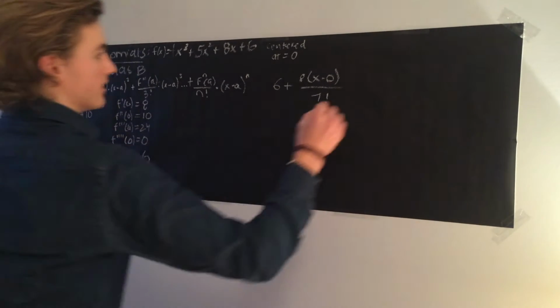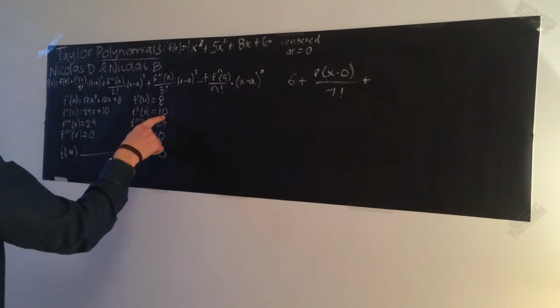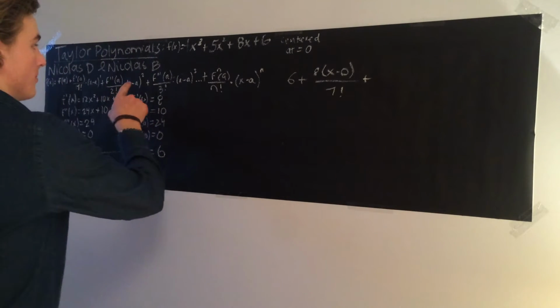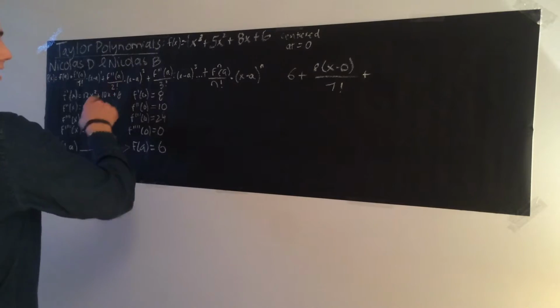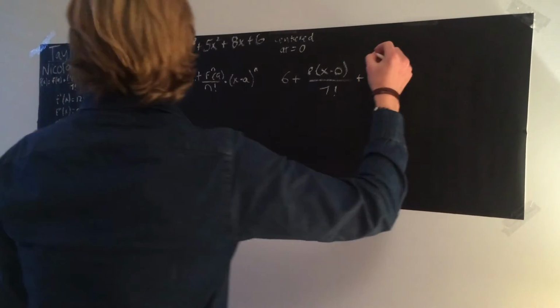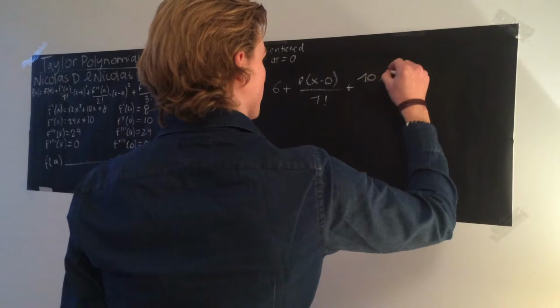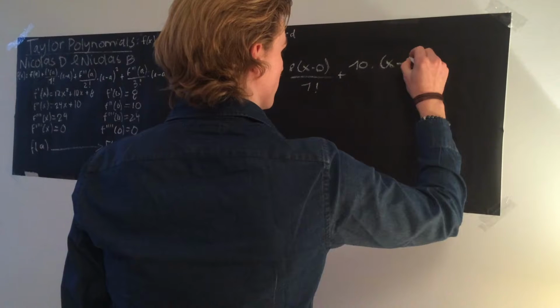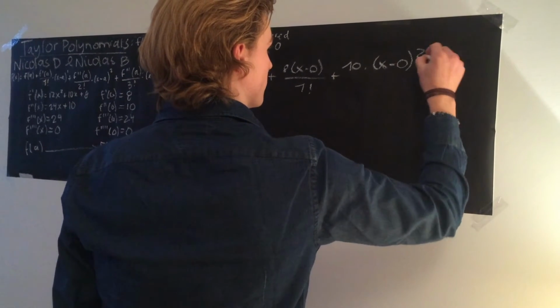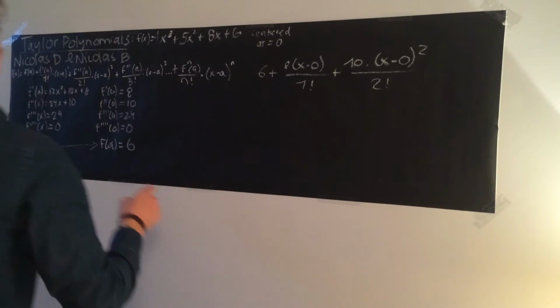Then we do that plus the second derivative, which is 10, times x minus a to the second power divided by 2 factorial. So it's going to be 10 times x minus a, in this case 0 again, to the second power divided by 2 factorial.